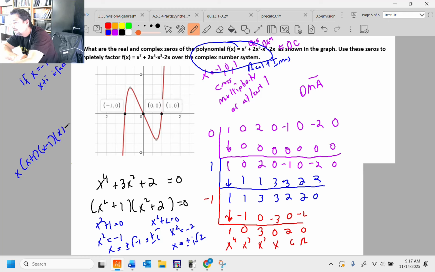So we have an x plus an i. We also had an x equals a positive i, which is x minus i. Here we have plus or minus the imaginary root of 2, so one of them is x minus the imaginary root of 2, and the other is x plus the imaginary root of 2. Pay attention to these relationships. Conjugates, conjugates. Complex, funny answers always happen in conjugate pairs.